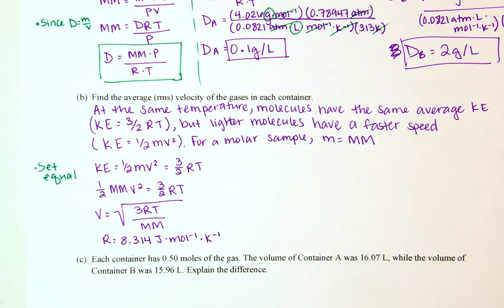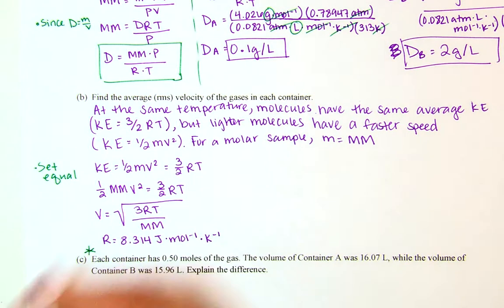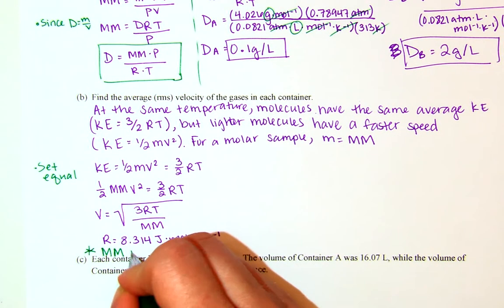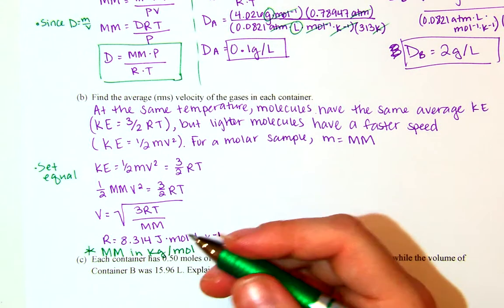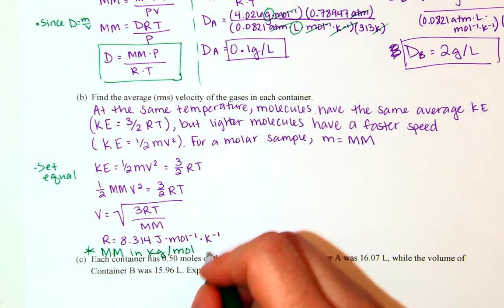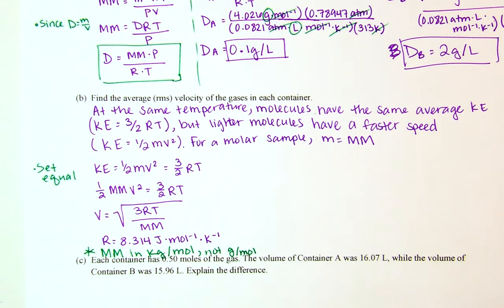And one little note here that we're going to need to do for later: molar mass should be in kilograms per mole, because we're going to need to cancel something out with it later. So in kilograms per mole, not grams per mole. So all you need to do is divide by 1,000. Okay, so let's figure these out.